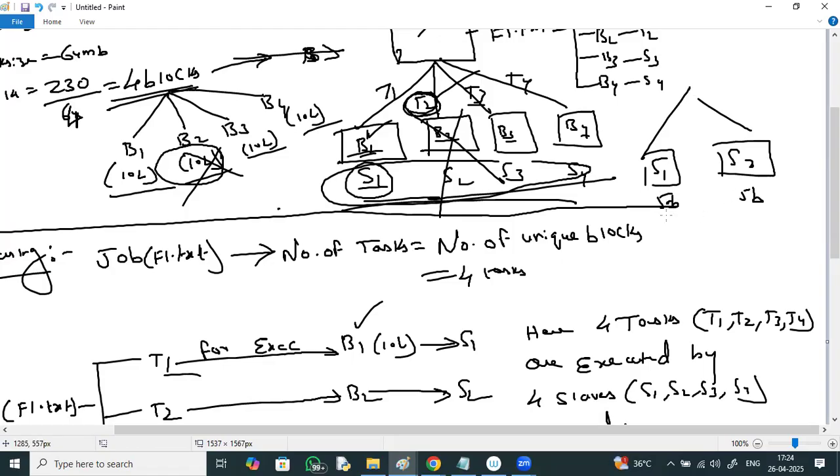If 20 blocks are there, 10 blocks in this and 10 blocks in this. What is the drawback if multiple blocks are stored? Here 9 tasks will be in the waiting state. Even 100 blocks can be stored in system 1 and 100 blocks in system 2. But if there are more slaves, all the tasks will be executed parallelly.